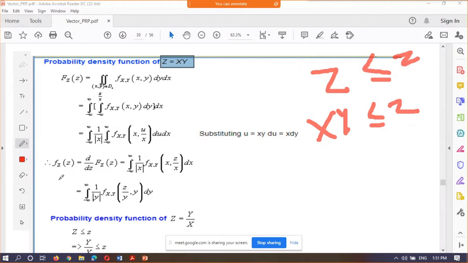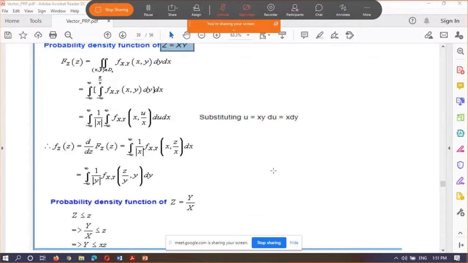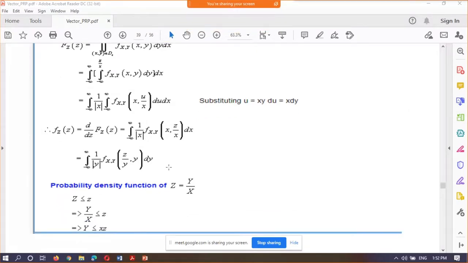Another one, if you differentiate it, you will get the density function of z. Similarly, if you have another transformation like z equal to y by x, in that case also you are expecting this kind of event, and then y by x is less than z.